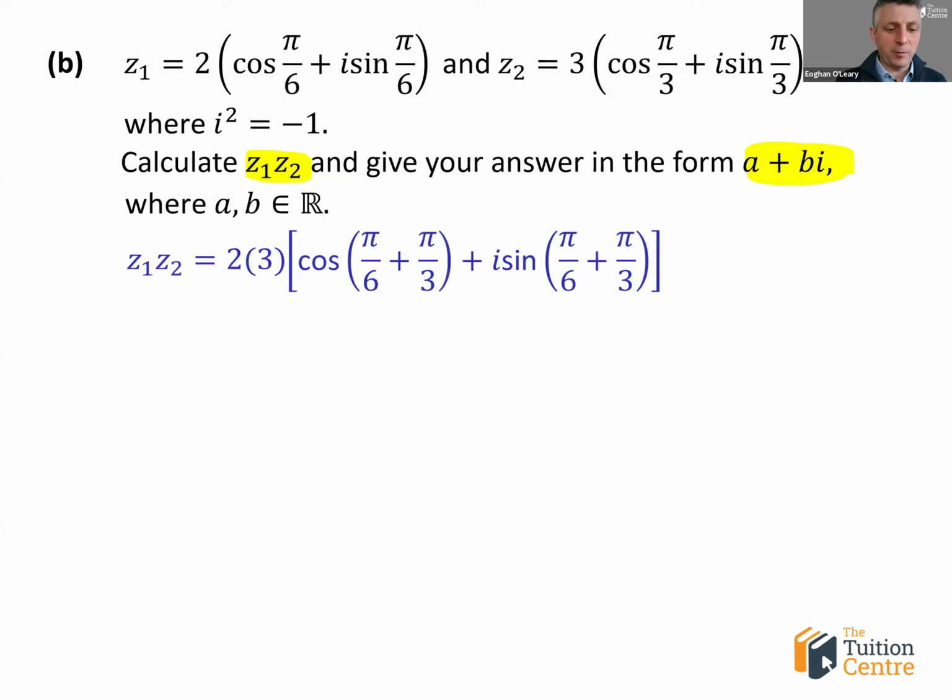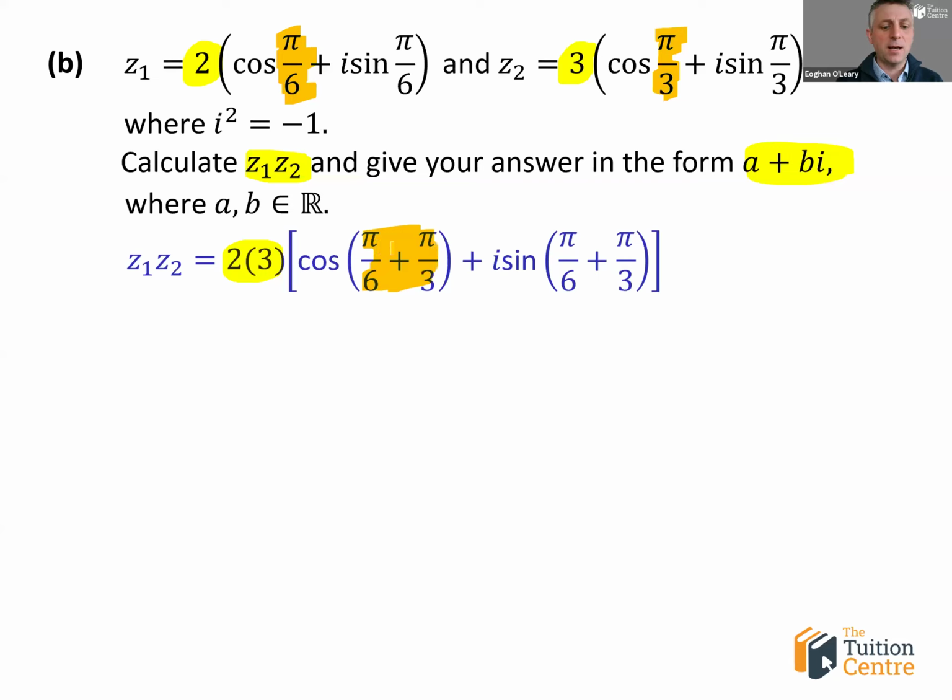If people are familiar with polar form and have practiced it a lot, they'll know that when you multiply 2 complex numbers, you multiply the moduli together, so 2 times 3, and you add the arguments, which are the angles. So the pi over 6 gets added to the pi over 3.